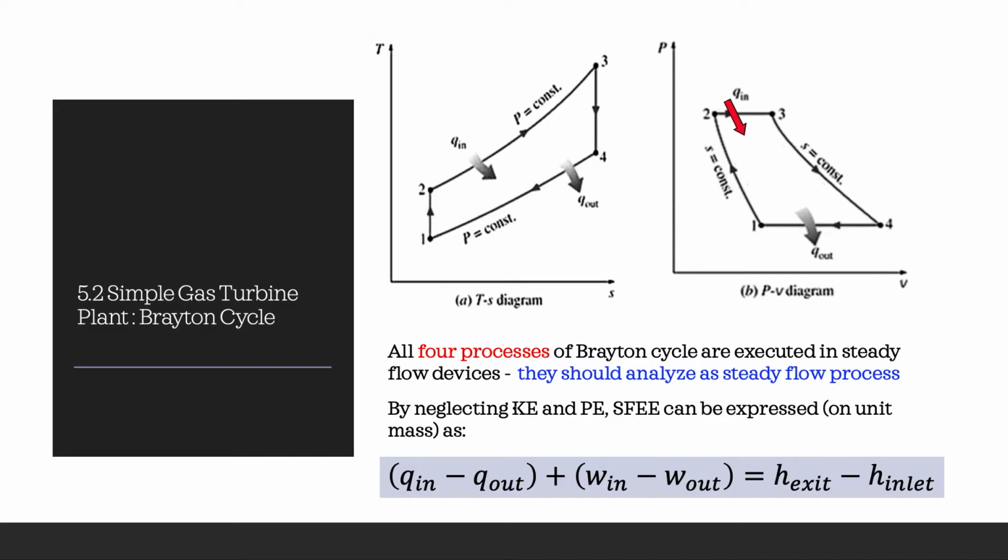And in SFEE, we neglect kinetic energy and potential energy. Therefore, SFEE can be reduced to Q in minus Q out plus W in minus W out is equal to H exit minus H inlet. And please refer to SFEE if you are not familiar with this formula.